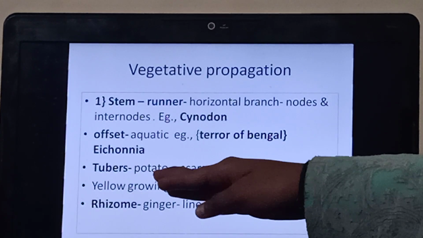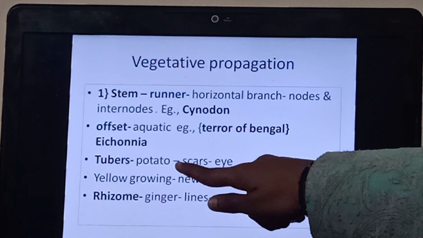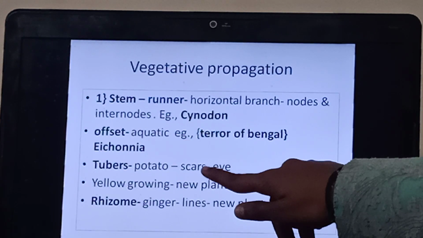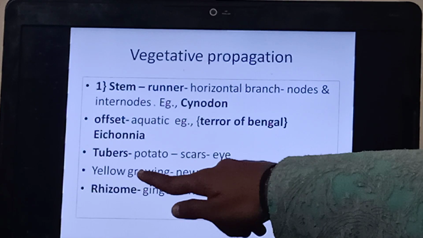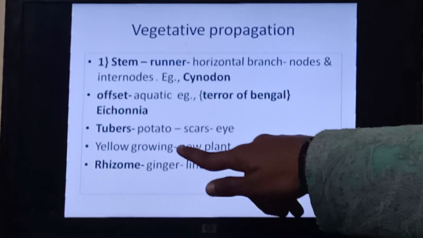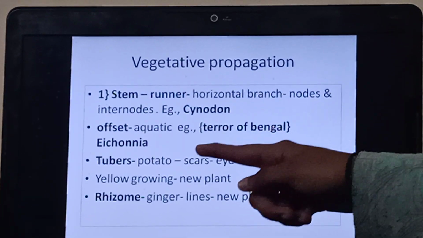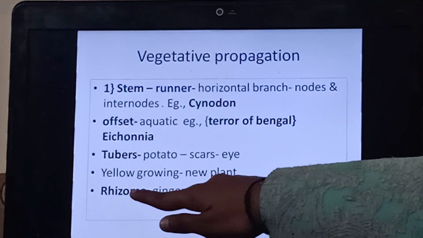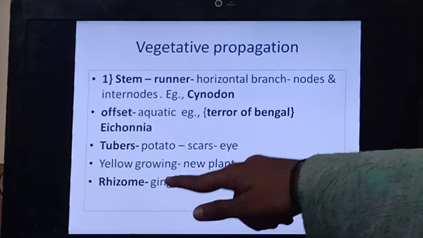Next, tubers. The example of a tuber is the potato. In the potato we see scars, and scars indicate there is an eye. In some tubers, means potato, there are yellow growing shoots which indicate the origin of a new plant. Next, rhizome. An example of a rhizome is ginger.